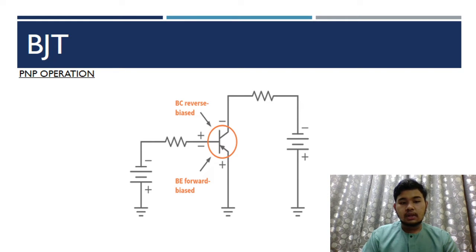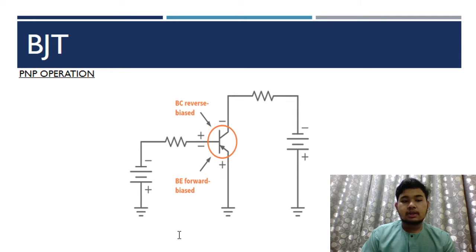In a PNP transistor, the base-emitter junction is forward biased and the base-collector junction is reverse biased. Since the base-emitter junction is forward biased, holes in the emitter region can move through the base-emitter junction and enter the base region. At the same time, electrons in the base region can also move into the emitter region.